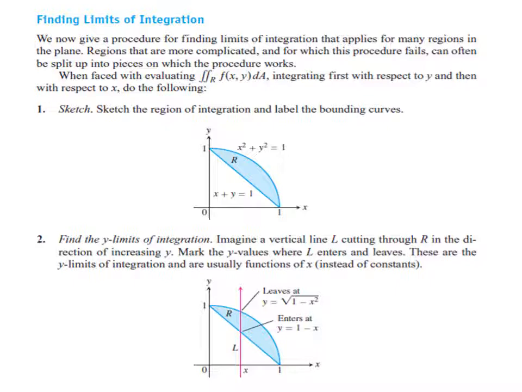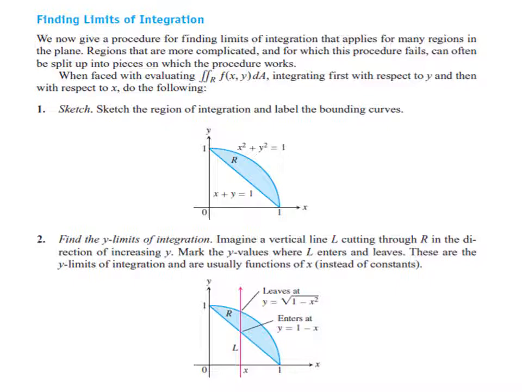Now let us move to the y limits of integration. If I consider vertical strips, the vertical strip enters at y is equal to 1 minus x and leaves at y is equal to square root of 1 minus x square. This curve is x square plus y square is equal to 1, therefore y square is equal to 1 minus x square, so y is equal to plus or minus square root of 1 minus x square. This is in the first quadrant, so you should take plus here.